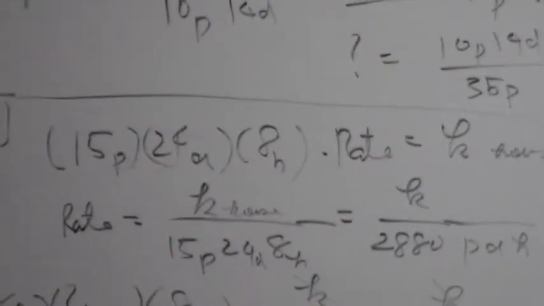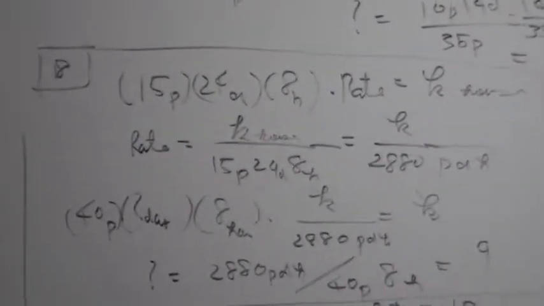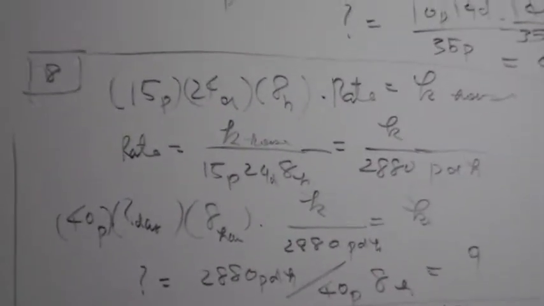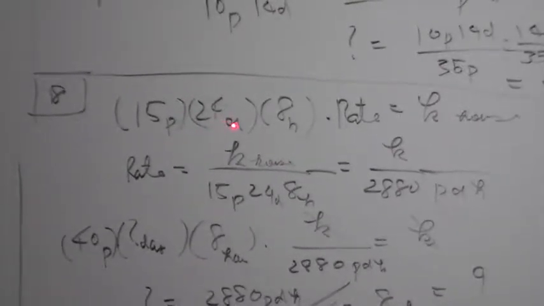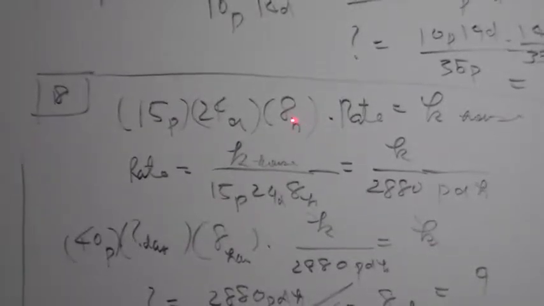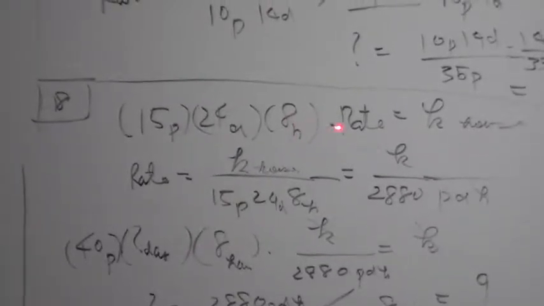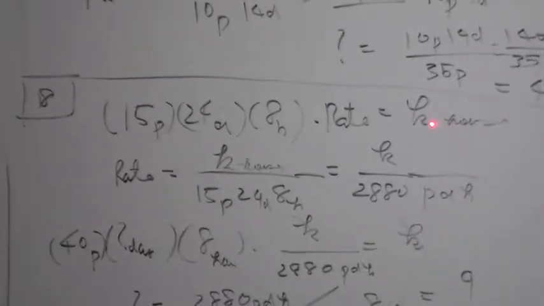Okay, the next example gives a clearer idea. They say 15 painters, 24 days, but they didn't say how many hours they work per day. So I say 8 hours. Then they can paint the K house.